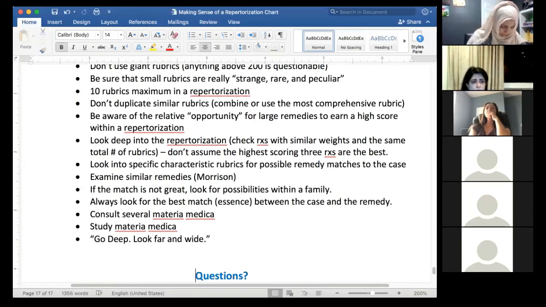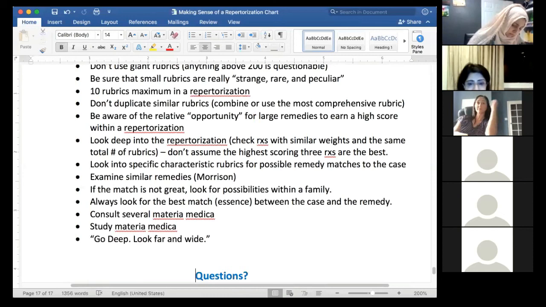When you work with a book, you need to think clearly about what rubric you want to use, so that you don't fill pages and pages with rubrics. You need to really narrow it down and come to 12 or so rubrics. If it's 16 or 18, okay, but I would say that's the absolute max in a case.